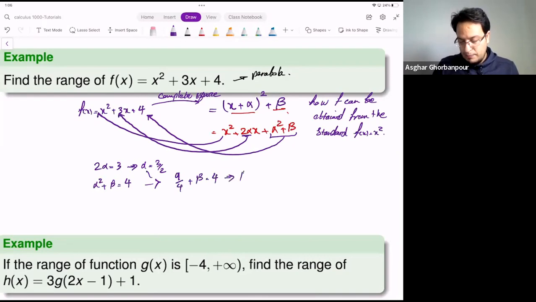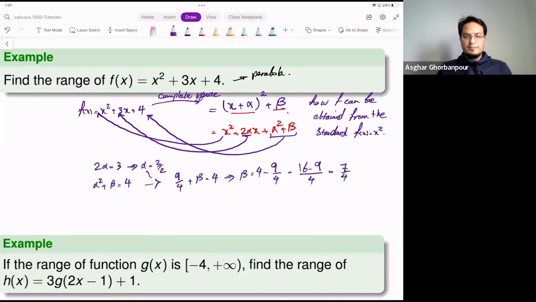Then that means that beta is 4 minus 9/4, which is 16 minus 9 over 4, and that is 7/4. What I showed here is that the function that we have can be written as x plus 3/2 squared plus 7/4.